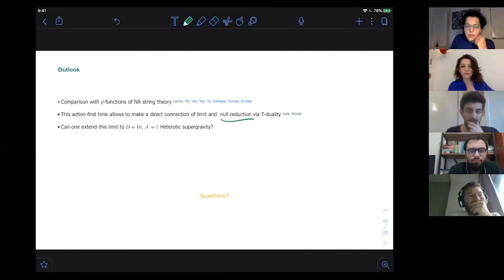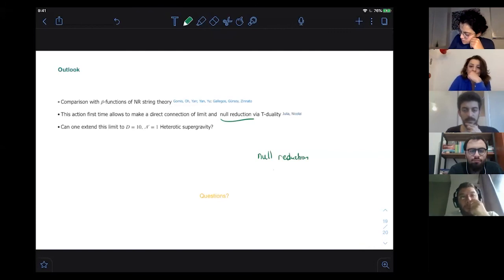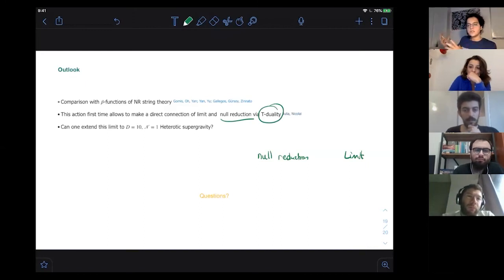Well, let me write down in this way. At the beginning, I mentioned that there are different approaches. One is null reduction. The other is the limit. And in principle, we don't know the relation between them. But we derived the non-relativistic T-duality rules. And we actually realized that T-duality along the longitudinal direction in string theory goes to a relativistic theory with null isometry.